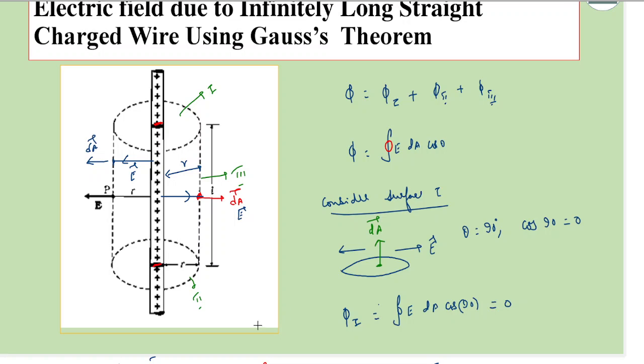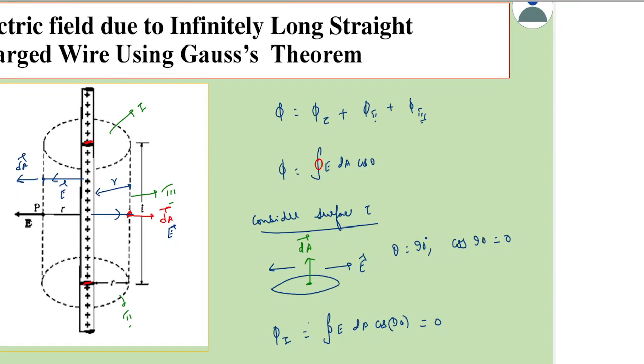Now we have seen in the previous class that for such a charge distribution, we define a term called lambda. Lambda is defined as charge per length. That would mean that charge is equal to lambda into length.